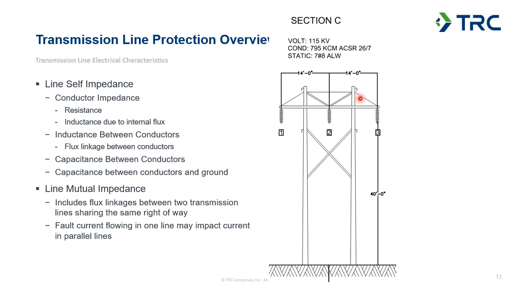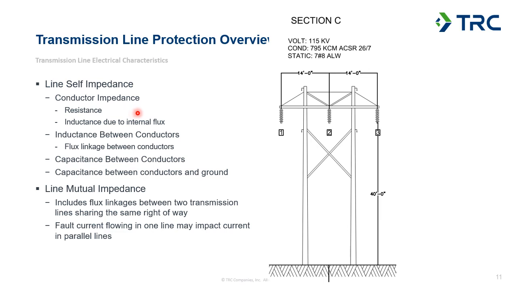So certainly the self-impedance of the conductor is an important parameter. The 795 kcm ACSR conductor that I have shown up here has a spec sheet that tells what the conductor's resistance and other electrical parameters are, and that's a big piece of what we use to model the line.